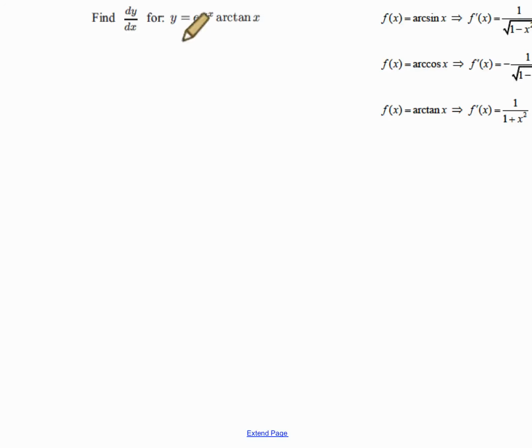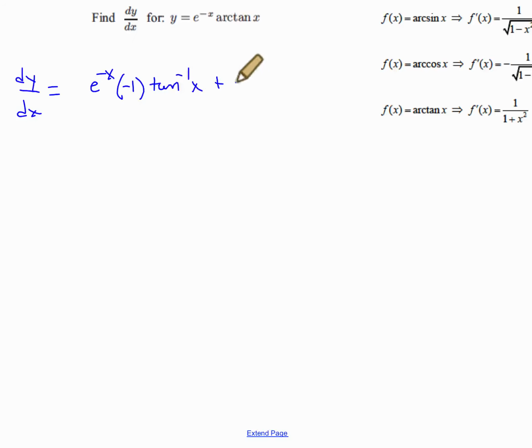So dy/dx for y equals e to the negative x times arctan x. Little chain rule action going here. So we're going to say dy/dx is equal to the derivative of the first term, which is e to the negative x multiplied by the derivative of negative x, which is negative 1, times the second term. So I'm going to write arctan as tan negative 1. It's just easier.